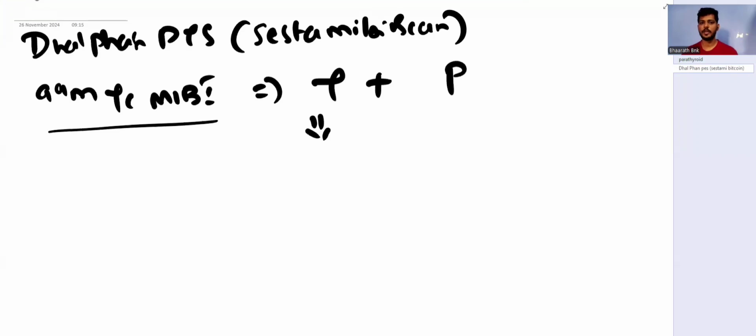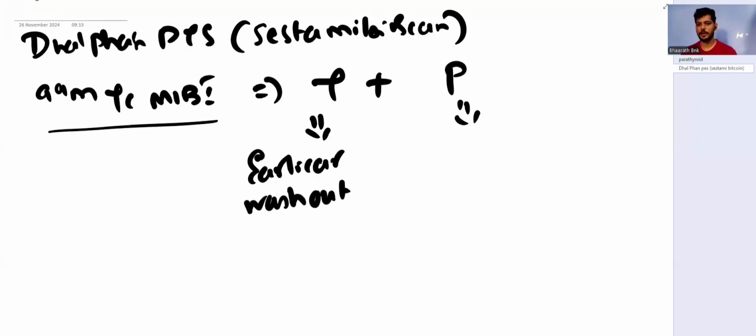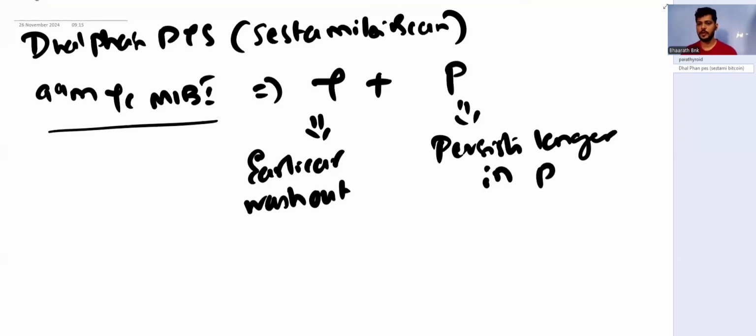But it leaves the thyroid earlier, so there is earlier washout, but it remains for longer in the parathyroid. So when you give it, it is taken up both by thyroid and parathyroid, but in the thyroid it washes away earlier. It remains for longer in parathyroid.